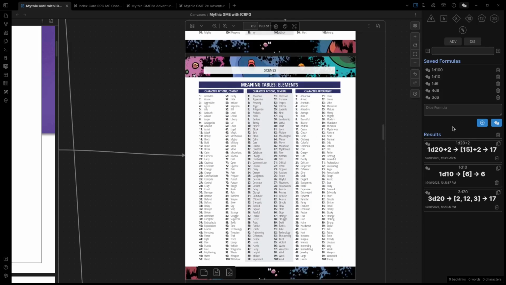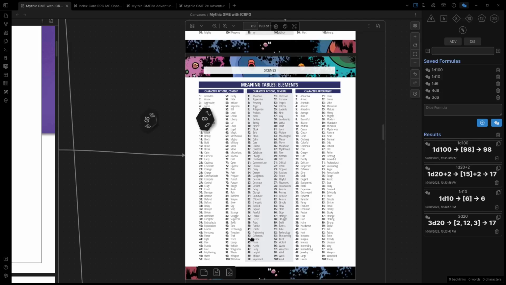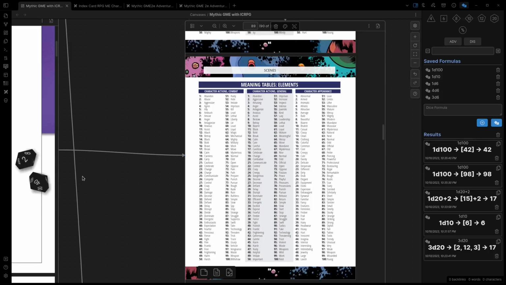So we'll roll 2d10 or 2 100 dice. Roll the first one for 98, which is waste. Oof. Pick a facing. 42. Waste. Ferocious. So they're laying ferocious waste. They are just bombing the crap out of this.